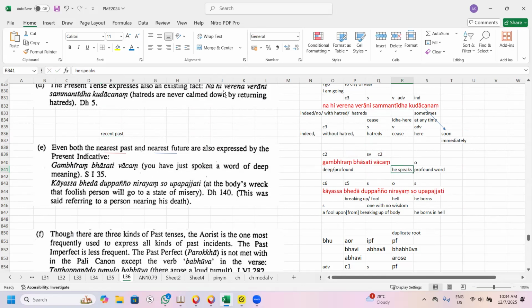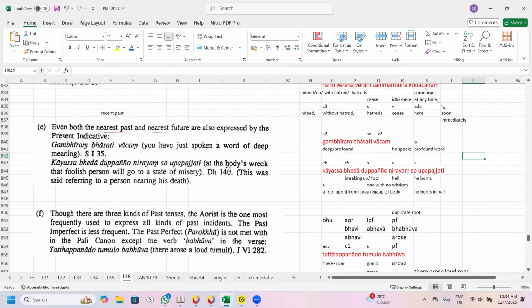So in this case, the word means speech. I also don't understand why this one is nearest past. This one I also blur. But anyway, don't worry about this. We just do our translation.